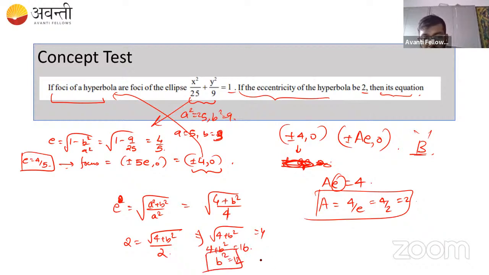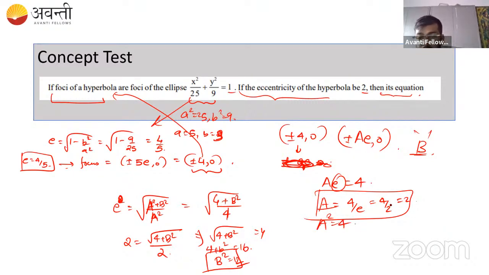So the value of capital B, we are taking capital B for the hyperbola, since a and b we have taken for the ellipse, right? Capital A and capital B. So B square we got 12, and we got the A value as 2, so A square is 4.